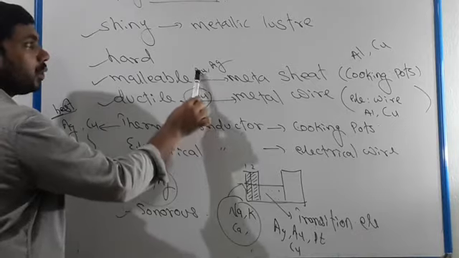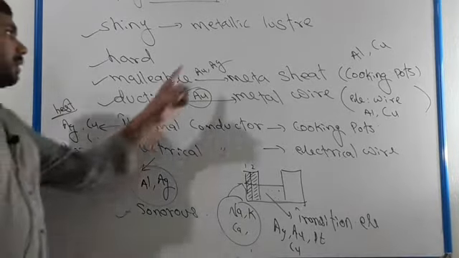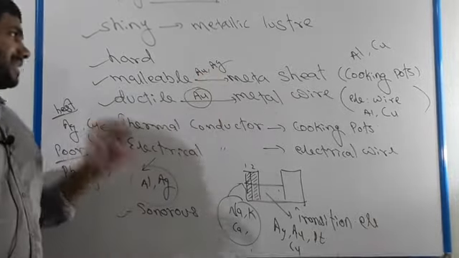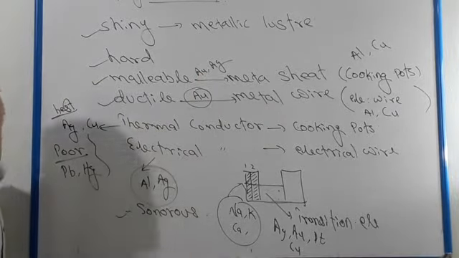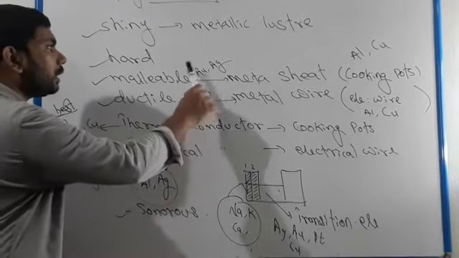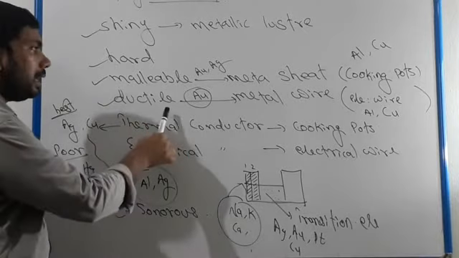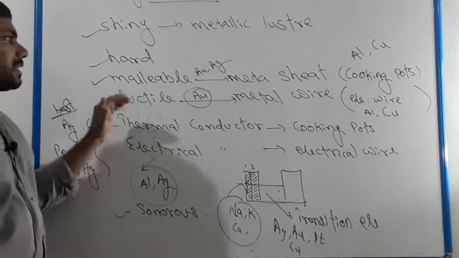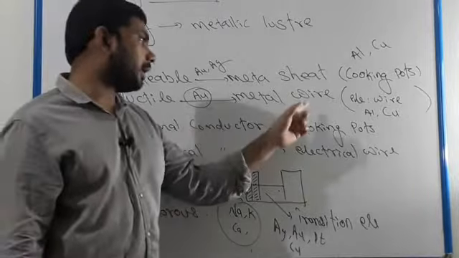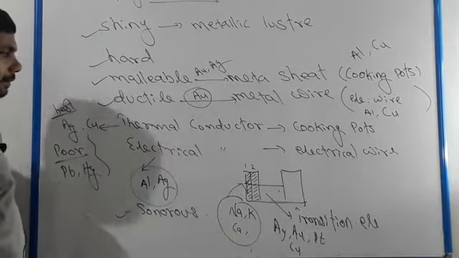Au means gold. Silver and gold are the best malleable metals. And metals are ductile, meaning metals can be converted into metal wire. Gold shows the most ductile property.